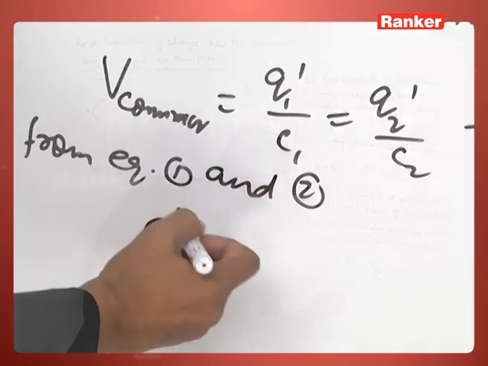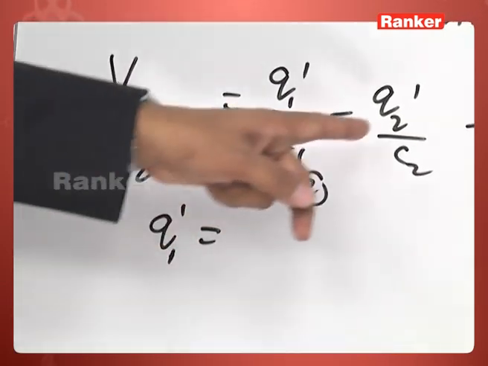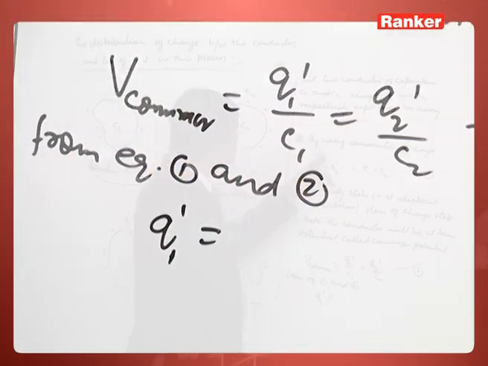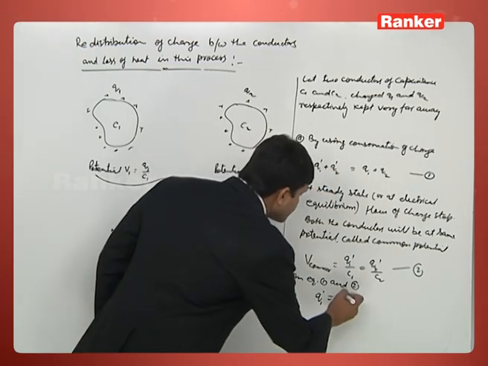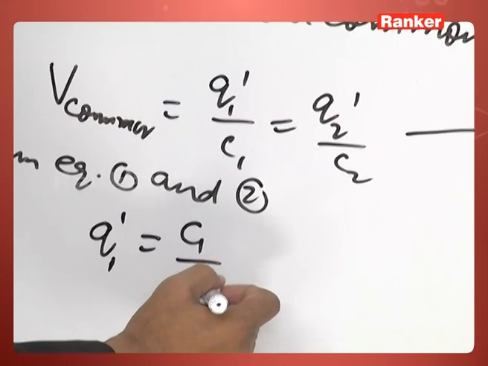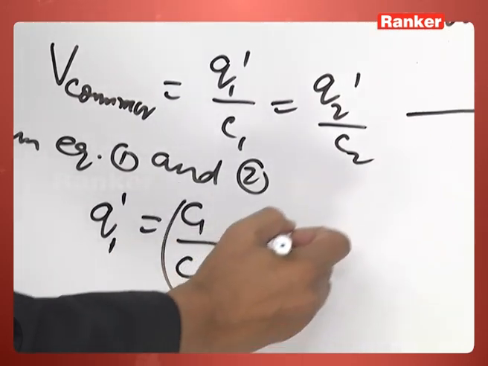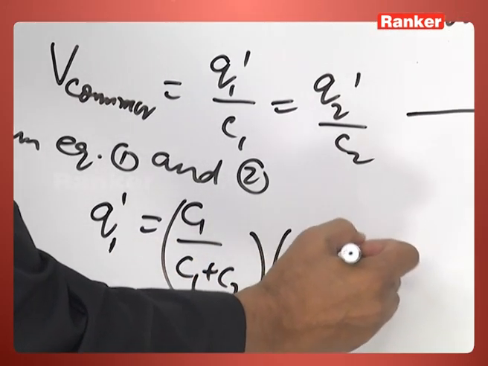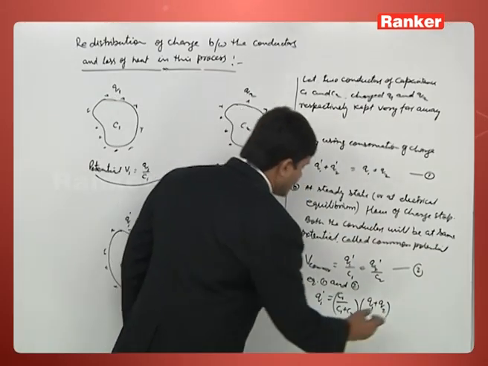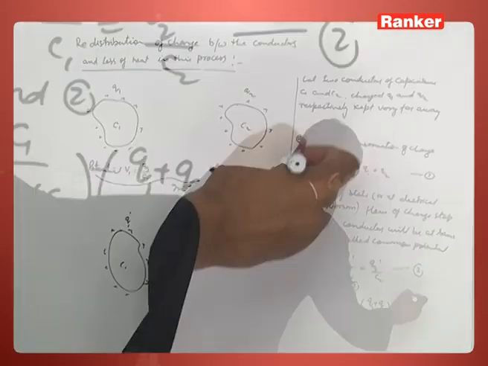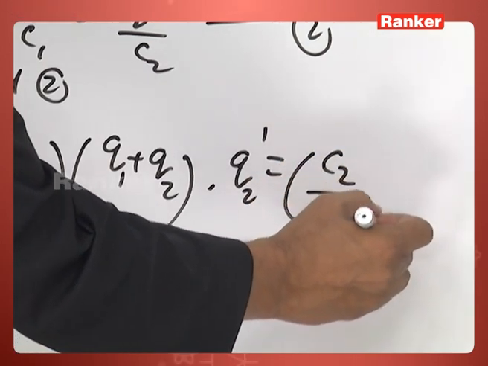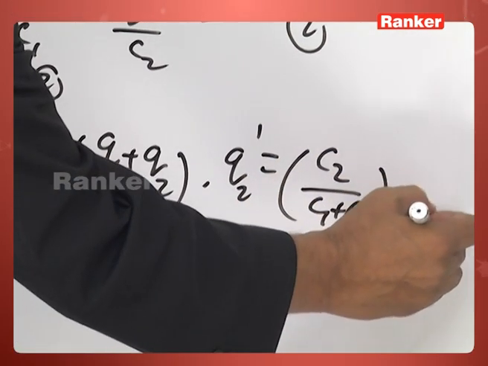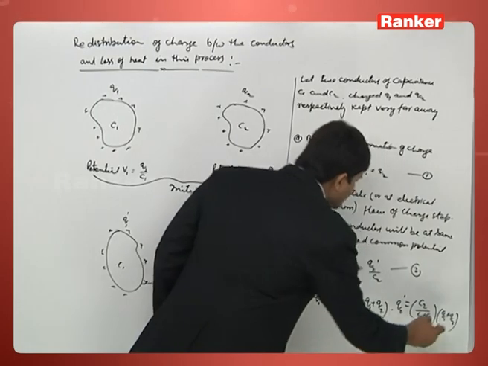So our Q1 dash is equal to C1 by C1 plus C2 into Q1 plus Q2. Similarly, Q2 dash will be C2 by C1 plus C2 into Q1 plus Q2.